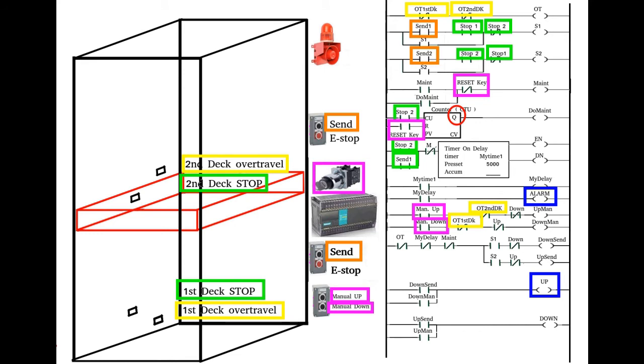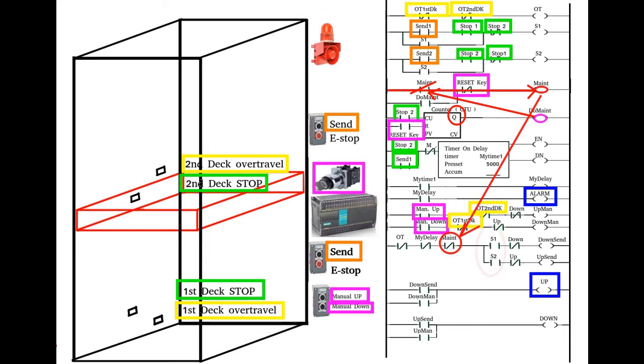The 1 out of Q will cause the coil do maintenance, at least that's what I call it, to energize, and that will cause its associated contact to close. And if the key is not inserted and turned, that is going to cause the maintenance relay to energize, and that relay will cause its associated normally closed contact to open.